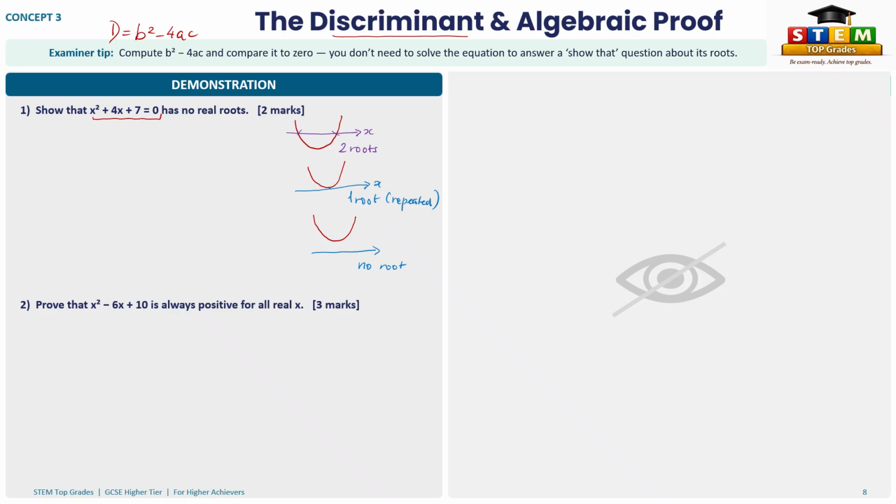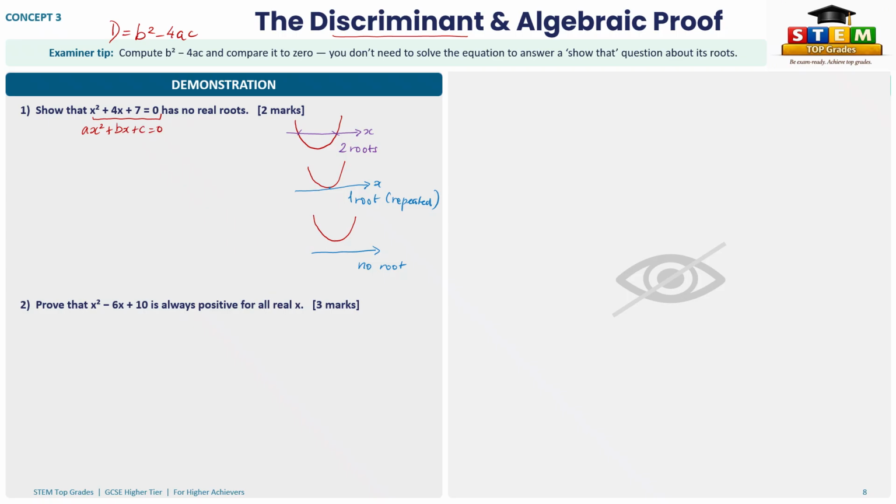Now, in order to distinguish, hence the word discriminant, we'll use this formula. We do not need to factorize or use the quadratic formula to work out whether we have two roots. That formula relies on your understanding that you use ax squared plus bx plus c to represent the equation.